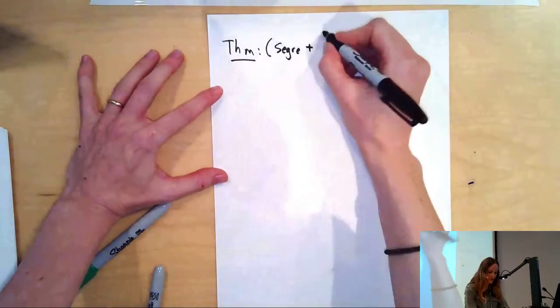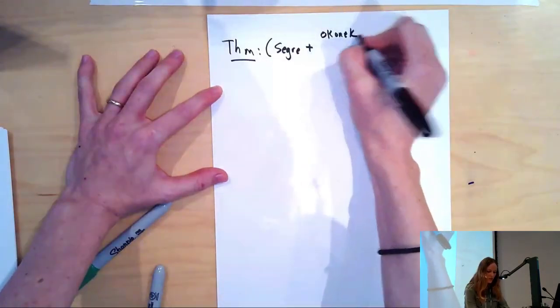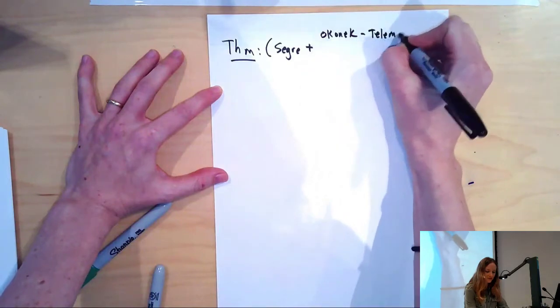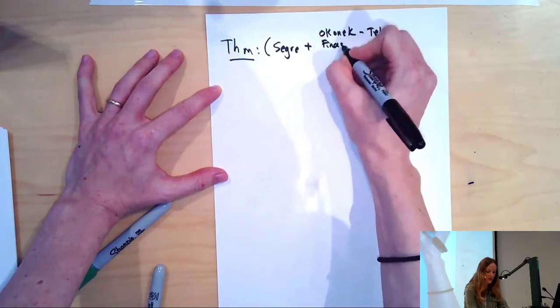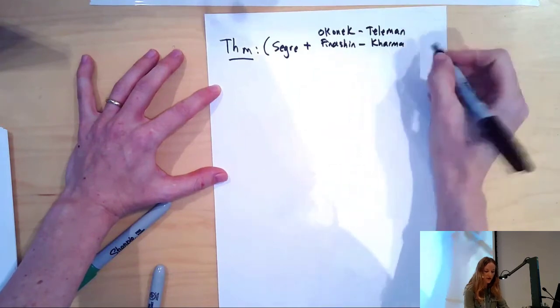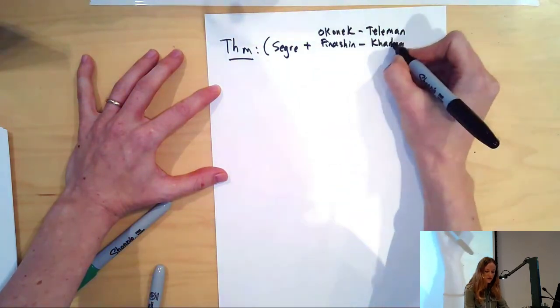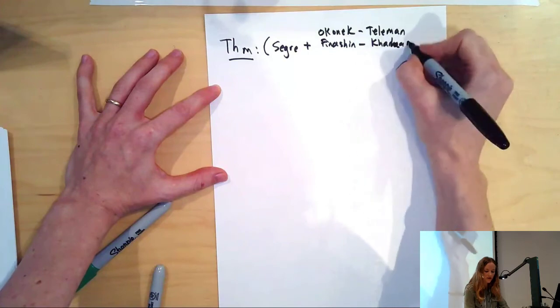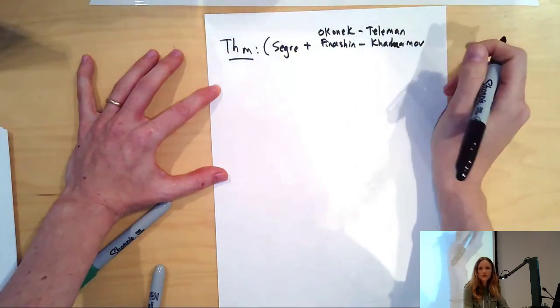And then there are some much more modern proofs by Koenig, Telemann, and Finesh and Kharlamov. And these two fit into the framework. This is Kharlamov of the proof that we started with.